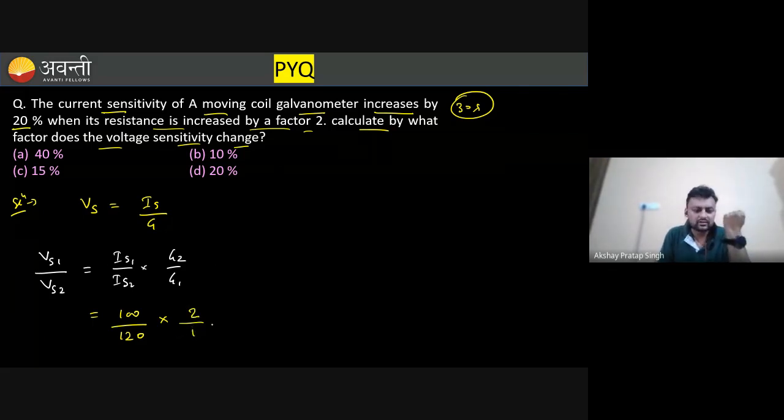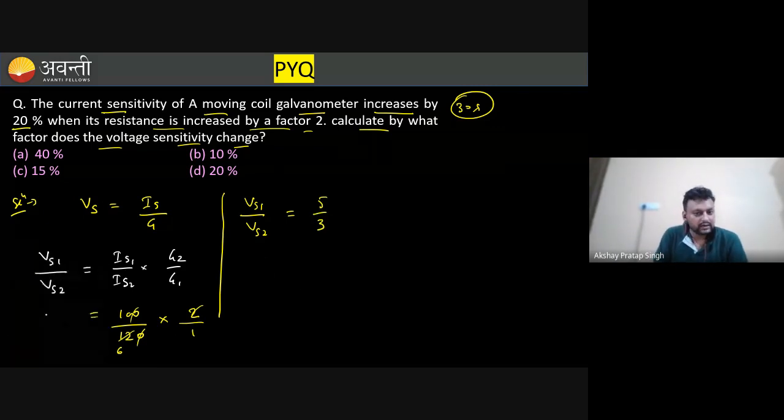You can solve this. The zeros can be cancelled. So voltage sensitivity in the first case divided by voltage sensitivity in the second case is 10 by 6, that is 5 by 3. This is the ratio of voltage sensitivities.